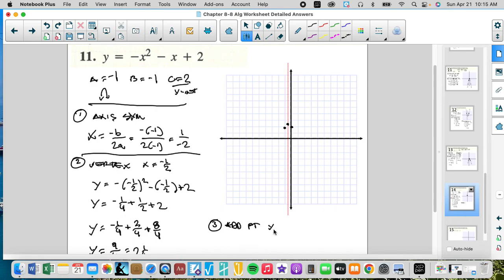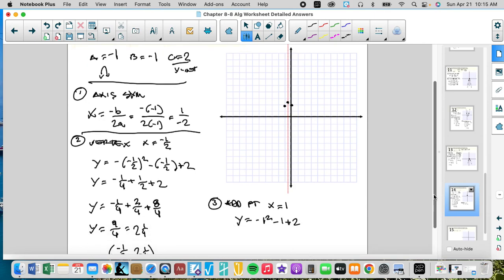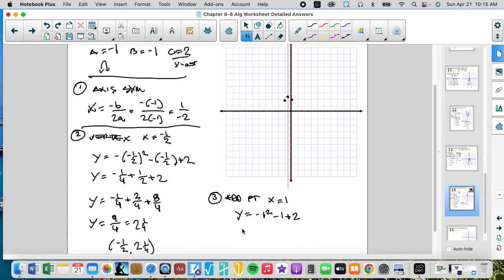And I'm going to plug in x equals 1. So y equals the opposite of 1 squared minus 1 plus 2. 1 squared is 1. And then we bring down the negative, negative 1 plus 2, which equals 0. So 1 gives me 0.